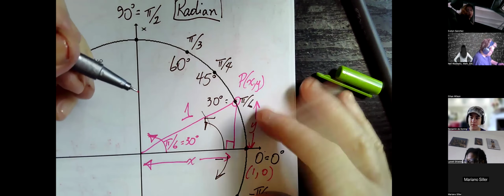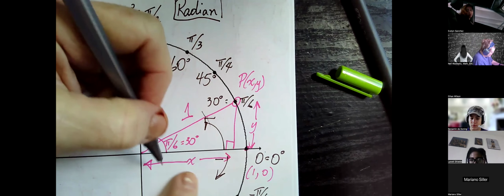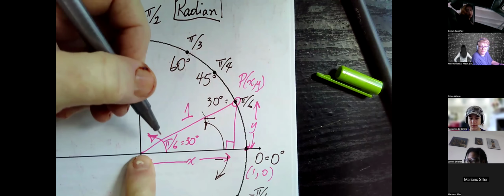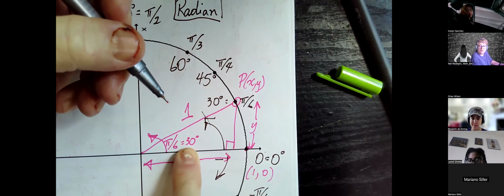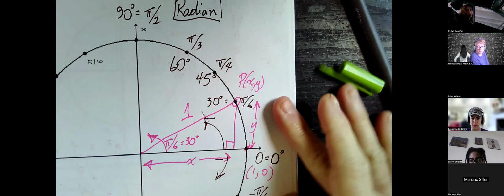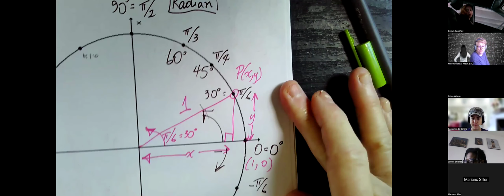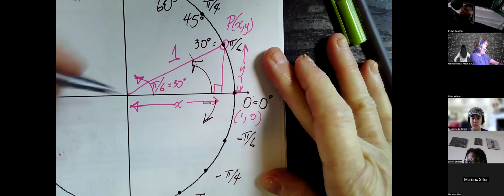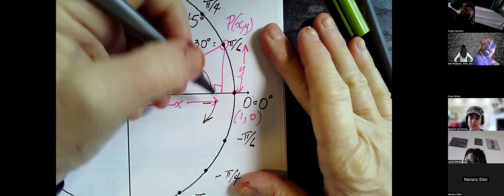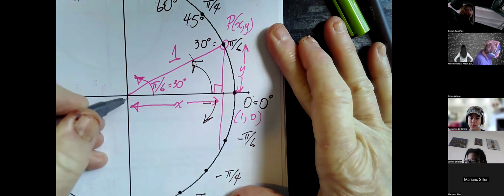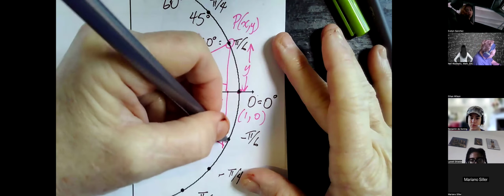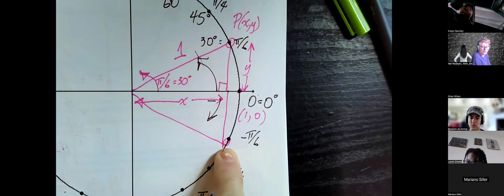Okay, so I want to figure out what X and Y are if this central angle, this primary angle, is pi over 6. And to do that, I'm going to copy this triangle, but I'm going to flip it. If I drew it better, I would have landed right here.